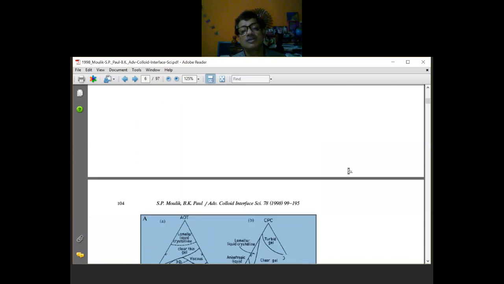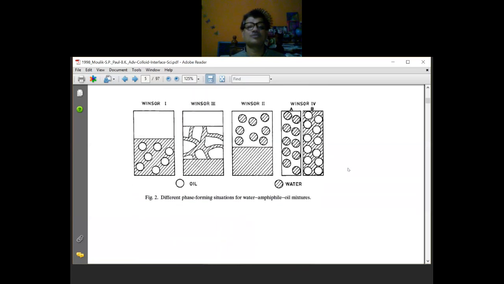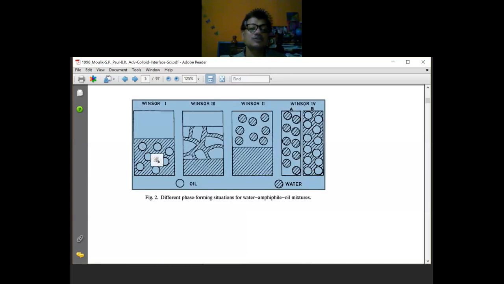Now, depending on the type, I can classify the microemulsions into 4 groups according to the name of the discoverer, Winsor. Winsor type 1, type 2, type 3, and type 4. So Winsor 1 means when oil is dispersed in water. On your left panel, oil in water, oil dispersed in water, is Winsor type 1 microemulsion.